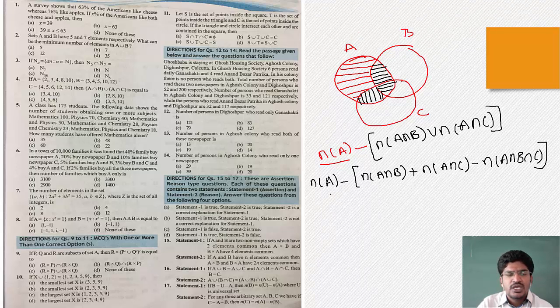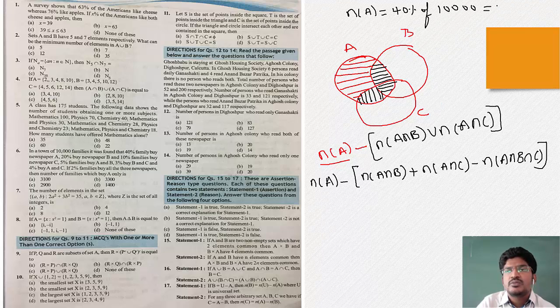Clear? So, from the given data, n of A is how much? See here, n of A is 40%. Clear? 40% of 10,000, that is nothing but equal to 4,000. From this you can get n of A as 4,000 minus n of A intersection B. N of A intersection B is 5%, that means 500.